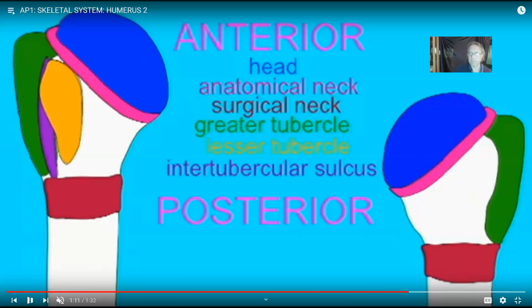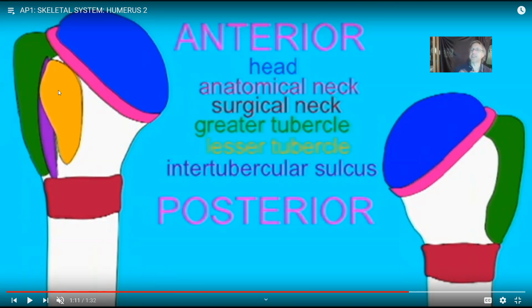This is important because if you're in lab, you want to be able to identify these. When you study muscles later, you'll be learning three of the four rotator cuff muscles have their insertion on the greater tubercle. The fourth rotator cuff muscle has its insertion on the lesser tubercle.